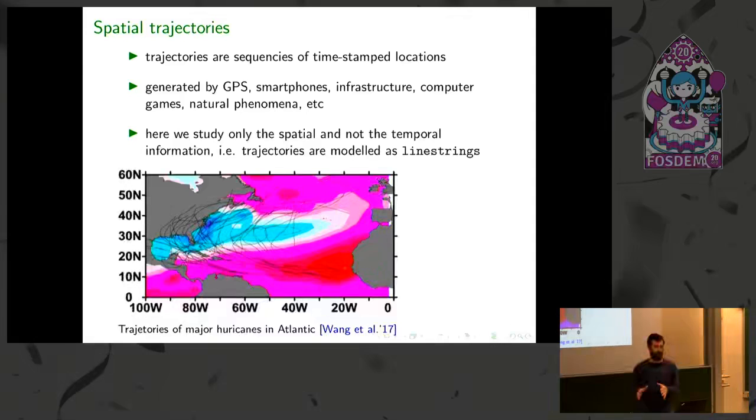In this talk, I will give examples with trajectories where I do not consider the temporal information. As far as I understand, the next talk has some temporal computations. Trajectories can be easily modeled as a linestring, which is just a sequence of points with longitude, latitude.